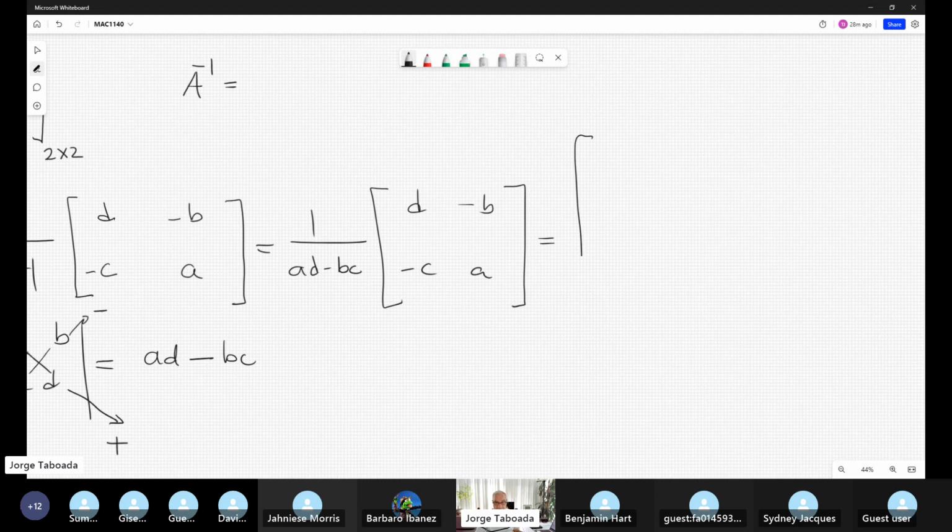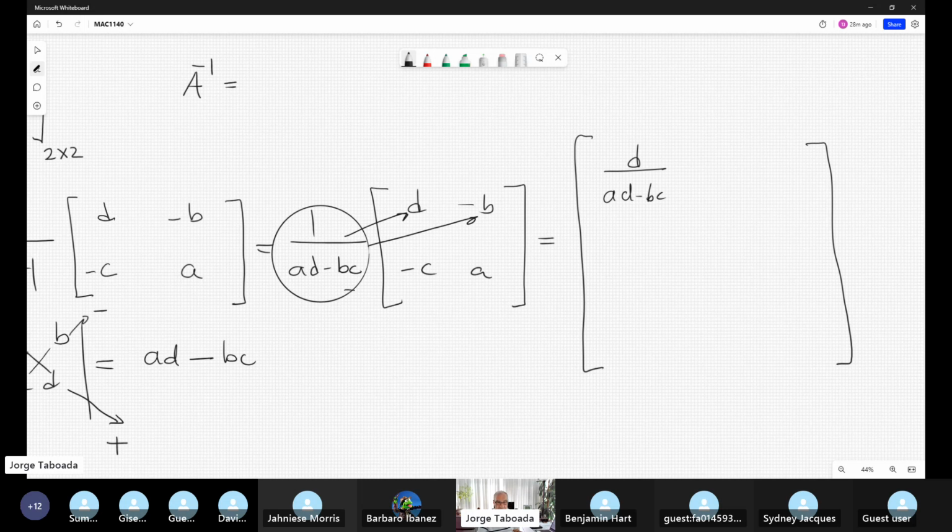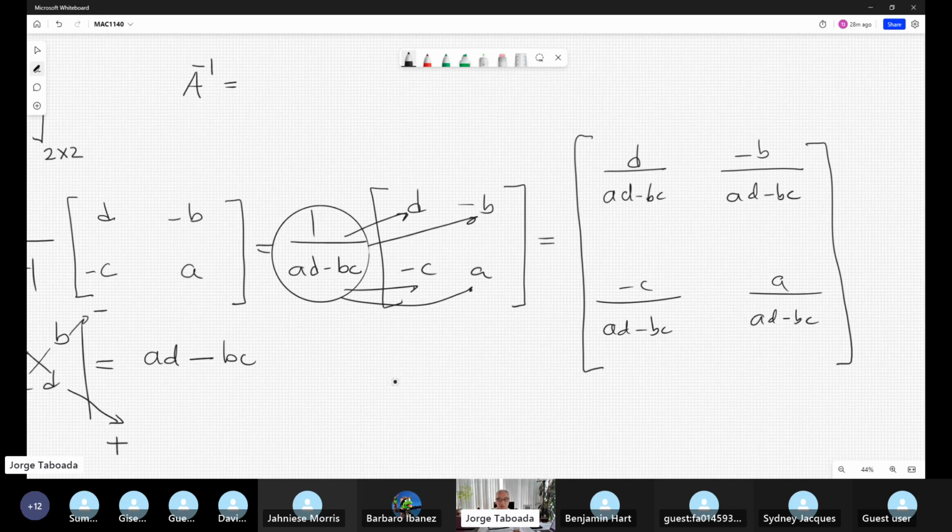So actually, the big inverse matrix would be D over AD minus BC, and you divide each entry: minus B over AD minus BC, minus C over AD minus BC, and A over AD minus BC. Of course, we are doing numerical, not literal equations.